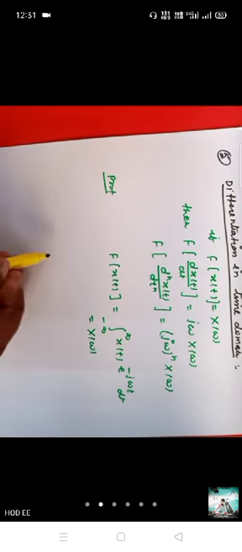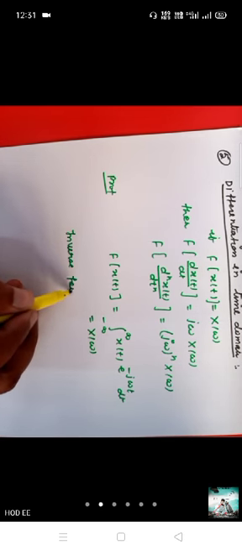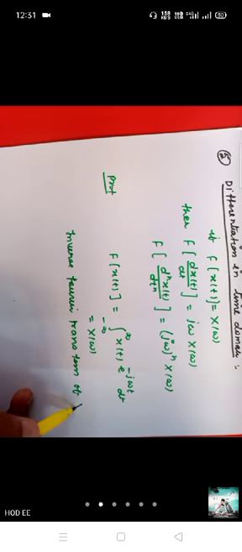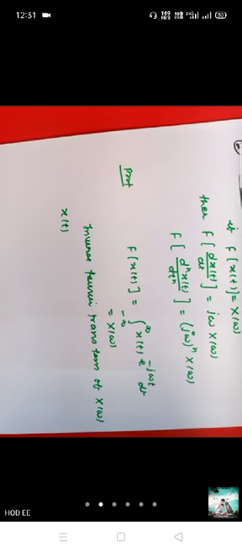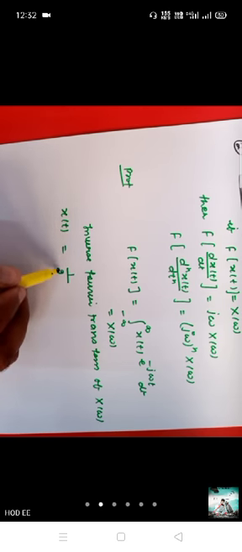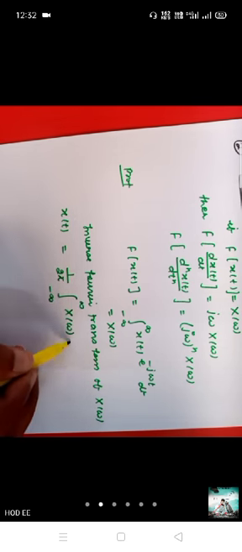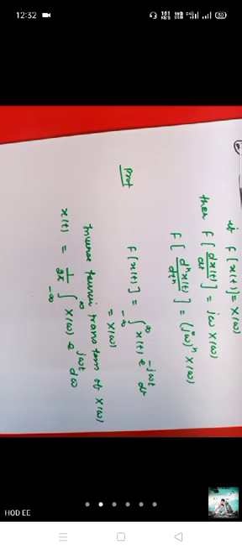So we can write the inverse Fourier transform of X(omega) equal to x(t). What is the formula? x(t) is equal to 1 upon 2 pi, the integral with frequency varying from minus infinity to plus infinity, of X(omega) e raised to the power j omega t d omega. This is the formula for the inverse Fourier transform. Why are we taking the inverse Fourier transform? Because we have to determine the derivative of this x(t).